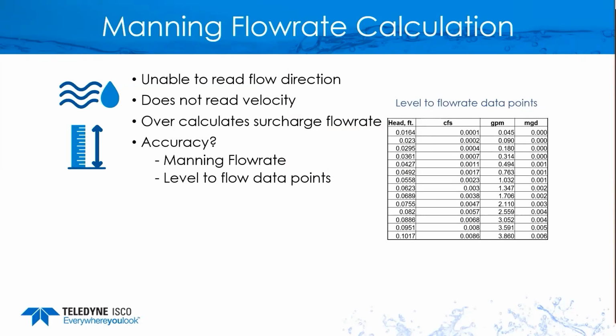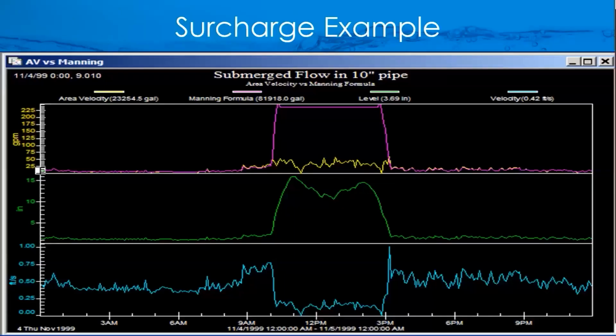It will not tell you the direction of the flow because it doesn't read velocity. There are some potential problems with that: it could overcalculate your flow if you have a surcharge or there's a blockage downstream and velocity slows down, level goes up. It looks at the level and essentially creates a level to flow table, and if the level goes up, the flow rate goes up, but that doesn't always tell you the full story.